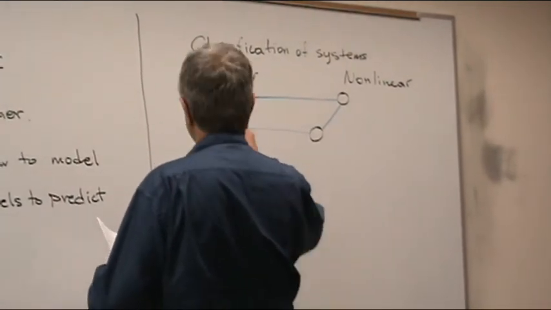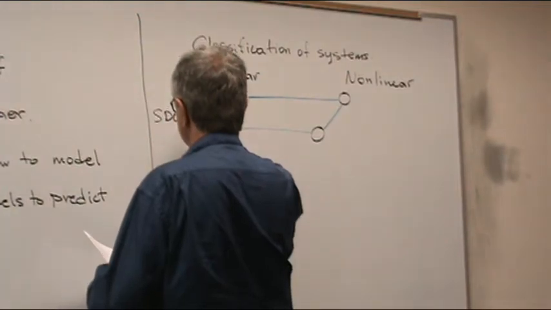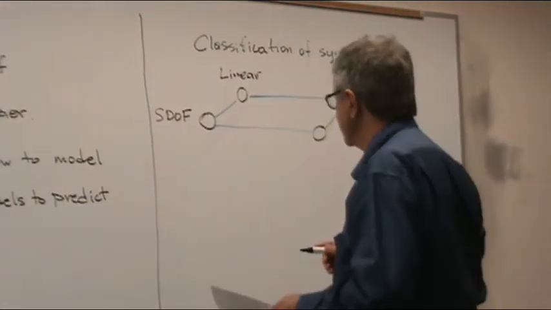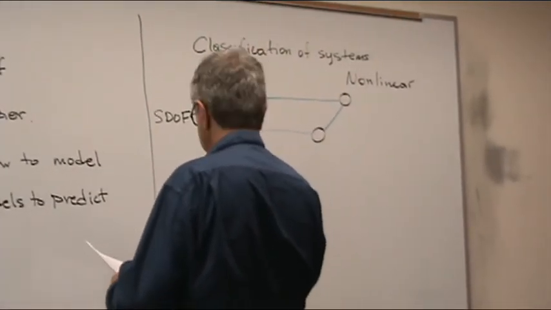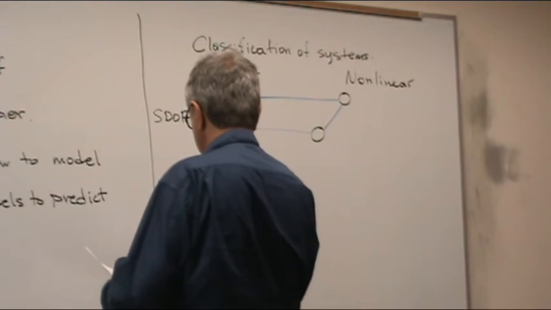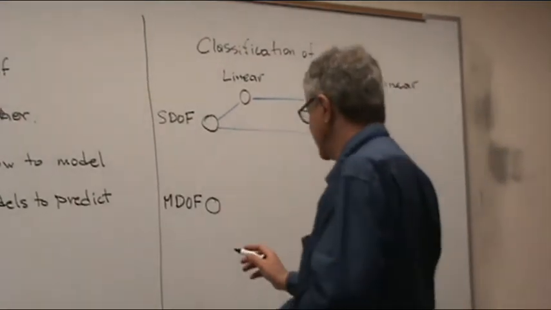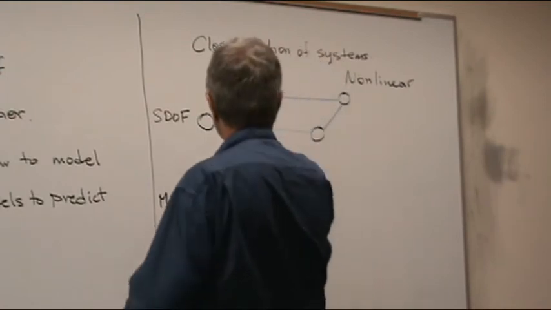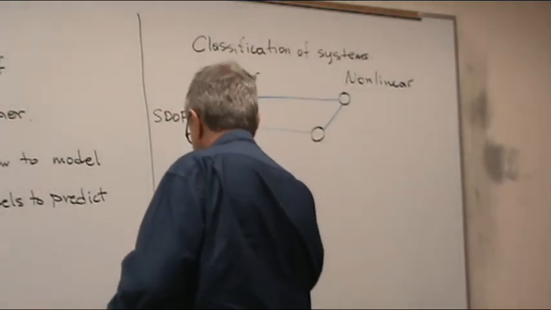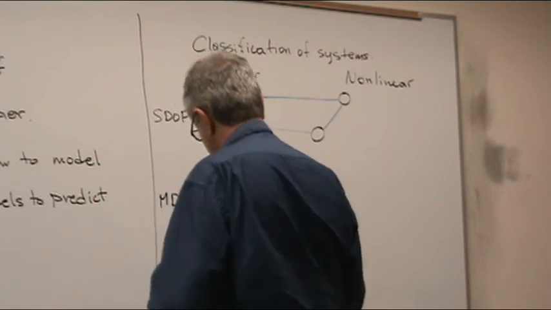Now, we can have systems with one degree of freedom. You can have systems with multiple degrees of freedom, multi-degree of freedom systems, or you can have continuous systems. So we have another edge here in the box that we'll construct, which represents the continuous systems. Okay.